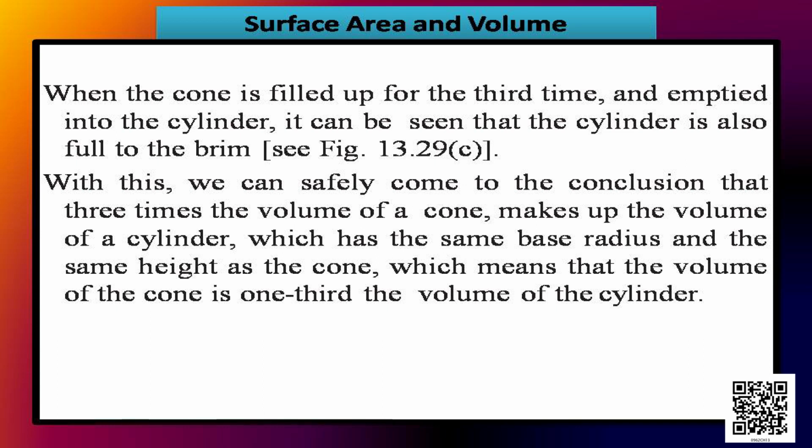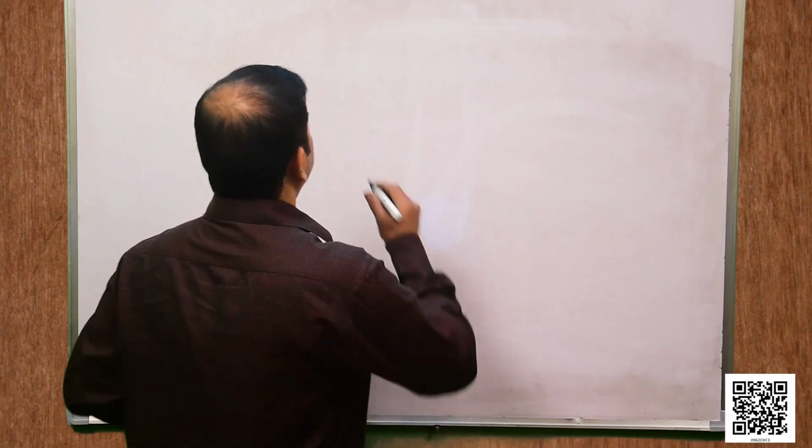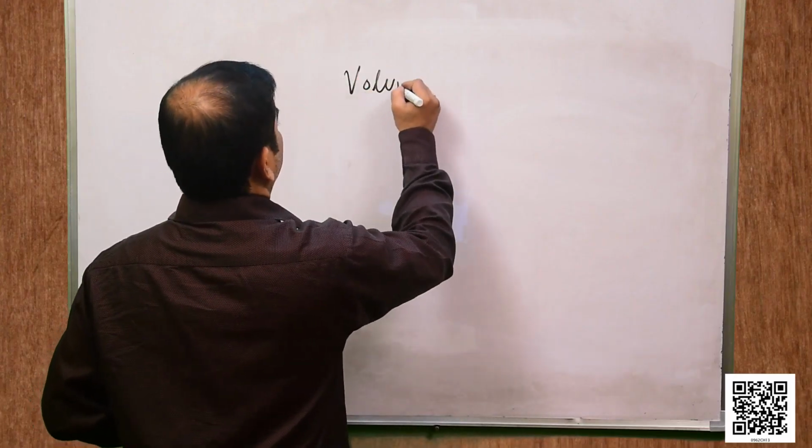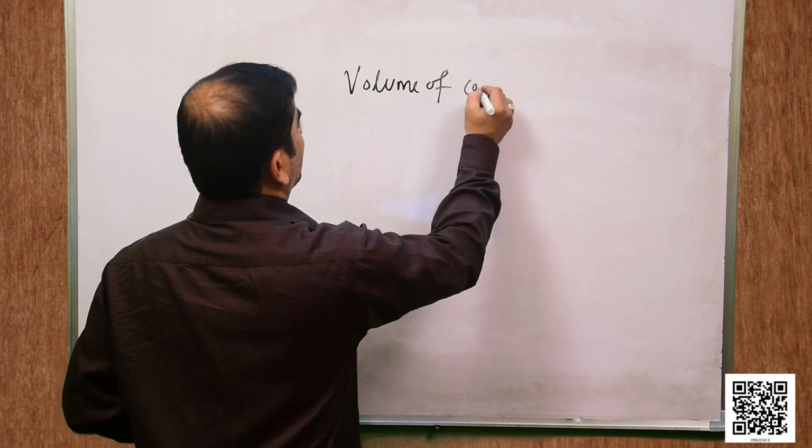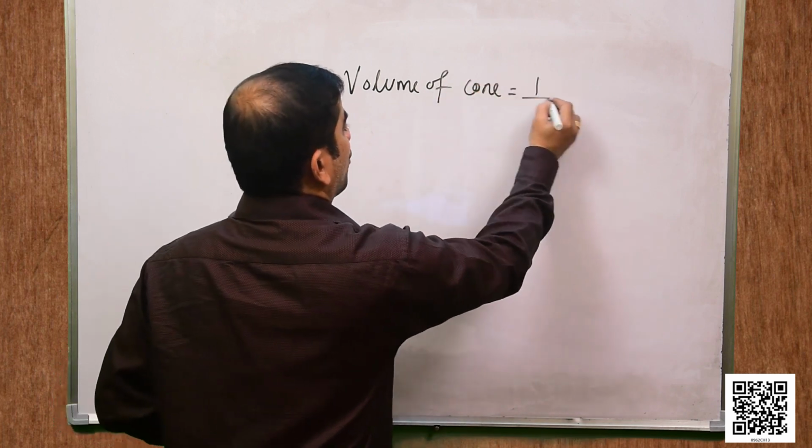With this, we can safely come to the conclusion that 3 times the volume of a cone makes up the volume of a cylinder which has the same base radius and the same height as the cone, which means that the volume of the cone is 1/3 of the volume of the cylinder. So, we can write it like this: volume of cone is equal to 1/3.